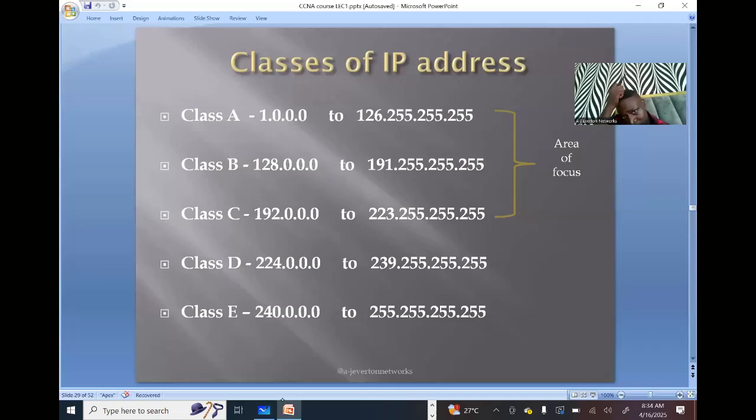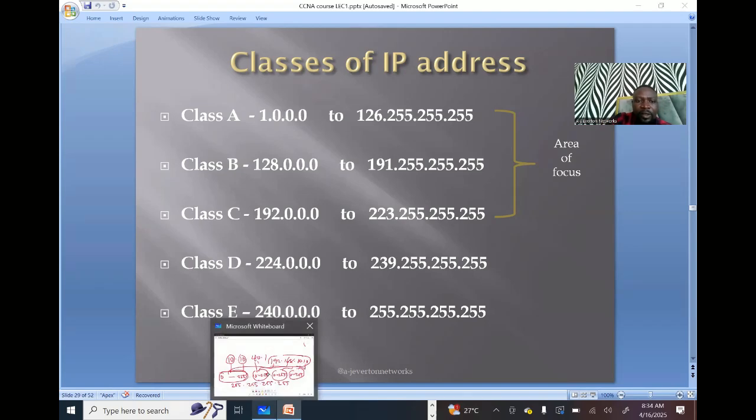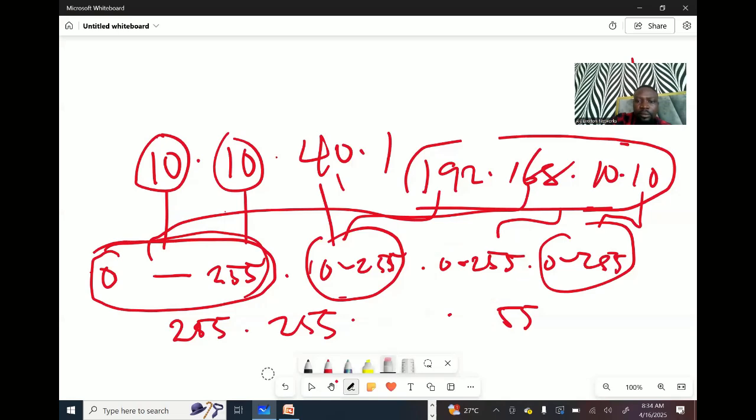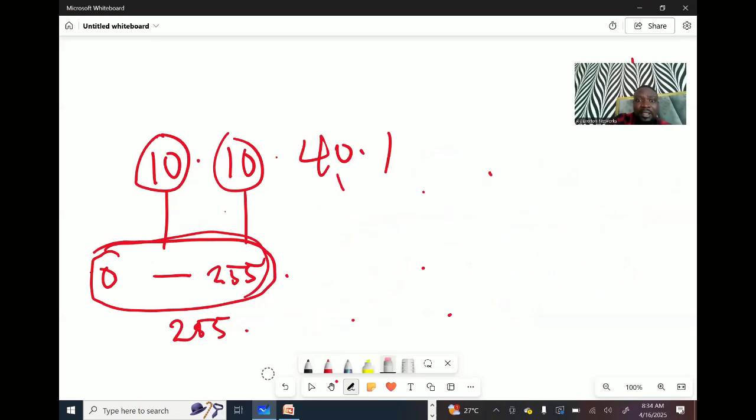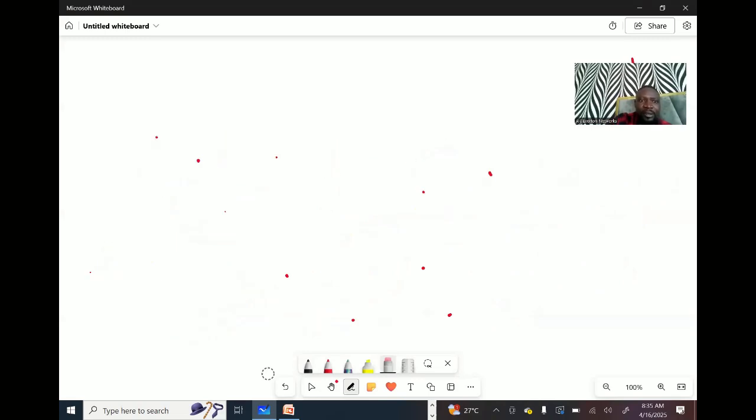So now in this PowerPoint, we say a Class A IP address will be an address whereby the first octet will range from 1 to 126. That means any IP address whose first octet is between 1 and 126 is a Class A IP address.